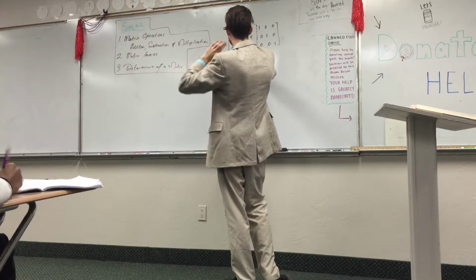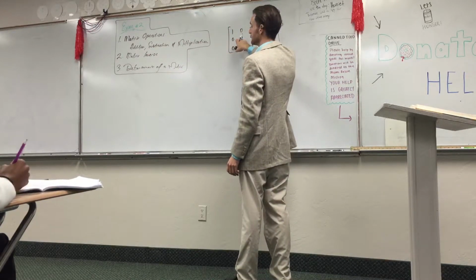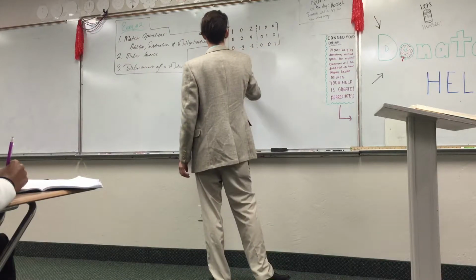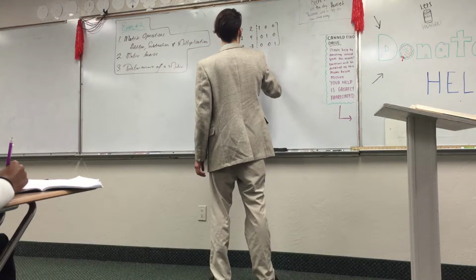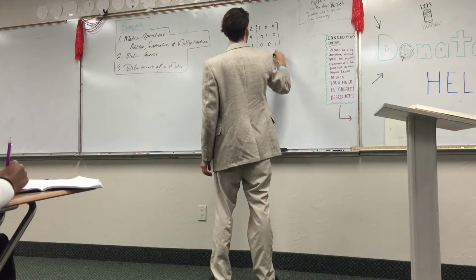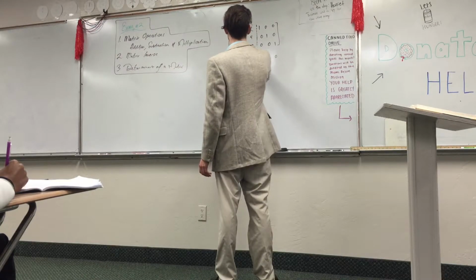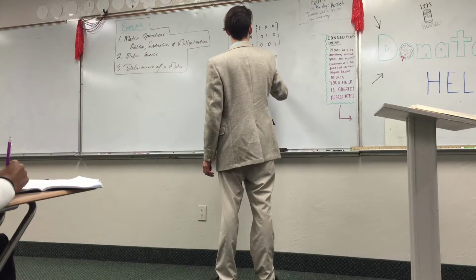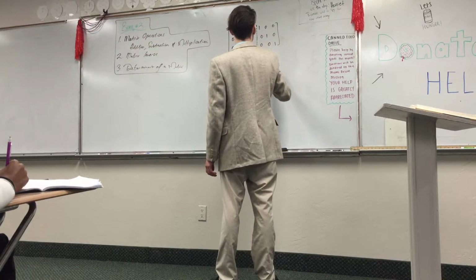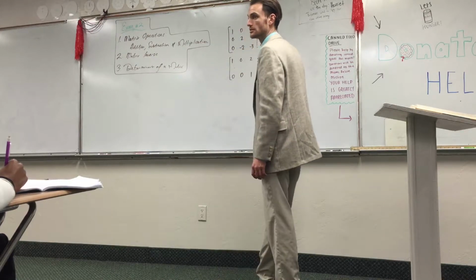I want to make this one 0, so I'm going to add the second row to the third row. The first row stays the same for now: 1, 0, 0. Add the second row to the third row: 2 minus 2 is 0, 4 minus 3 is 1, 0, 1, 1. Make sense?